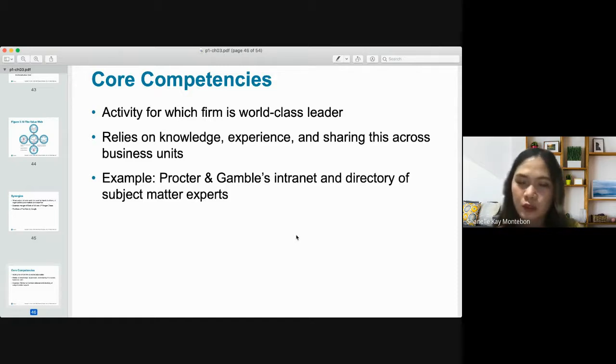And also available dito yung mga charts, data, or any information na needed. So if a certain employee or management has a concern or a question, then they can post it in that intranet, and a subject matter expert or someone who knows the answer will provide it. And others all over the world who have the same problem will be able to see it and find the solution to the problems.